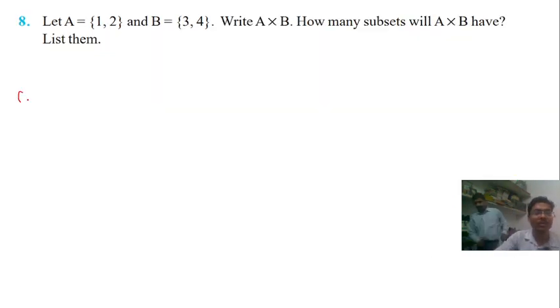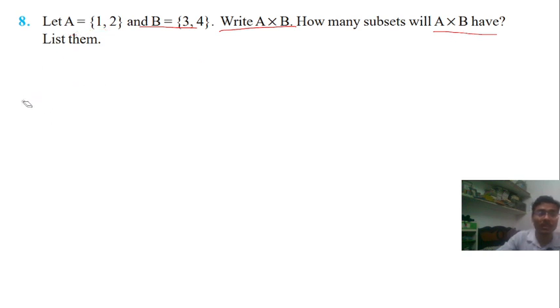Coming to question number 8. In question number 8, set A and set B are defined as {1, 2} and {3, 4}. Write A cross B and how many subsets will there be in A cross B. List them.